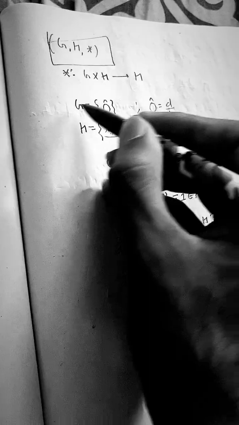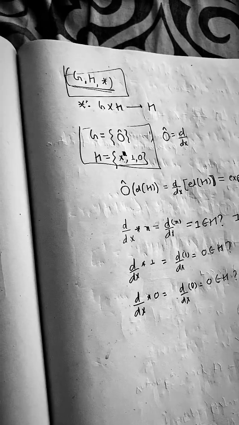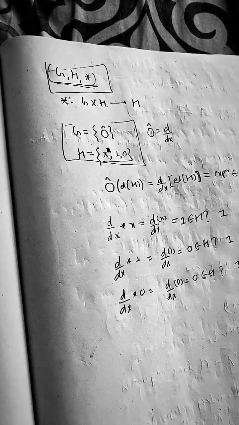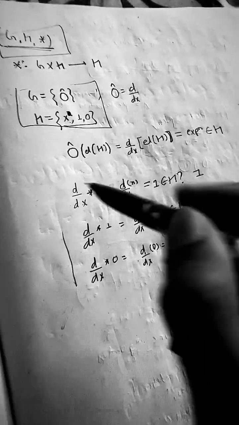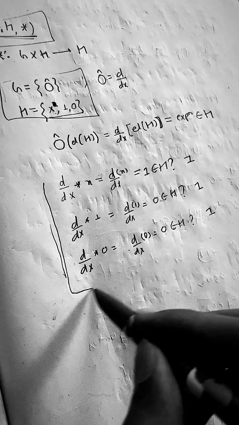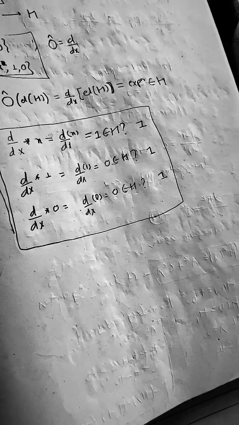So if we choose this structure, it satisfies this kind of structure, right? Here we can see it, all these three. What is this property called?